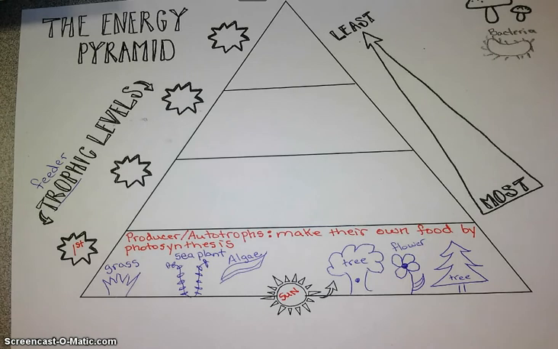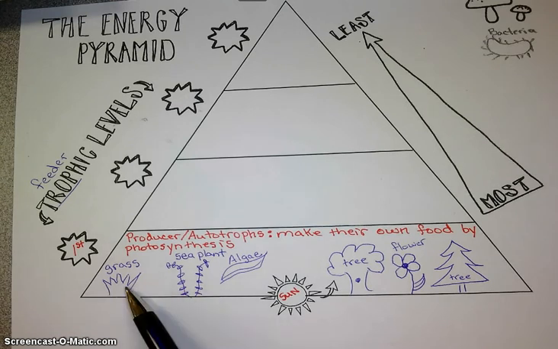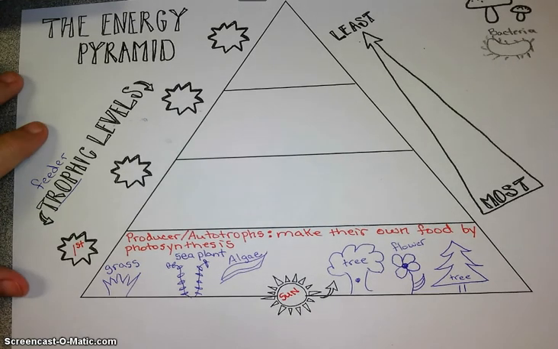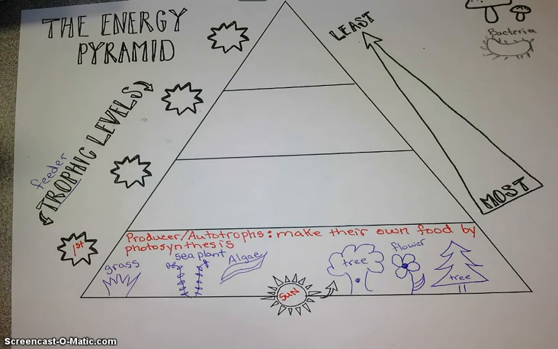Okay, so here we are, my lovely artwork. So grass, a sea plant, algae, a tree, another tree, a flower, all of these are able to make their own food by photosynthesis. They don't all come from the same ecosystem. A sea plant comes from an aquatic ecosystem, whereas grass would come from a terrestrial or a land ecosystem. But we have all of these organisms that can make their own food.